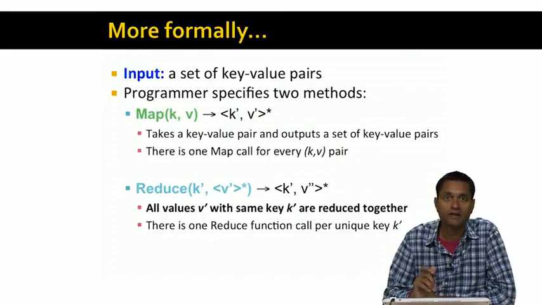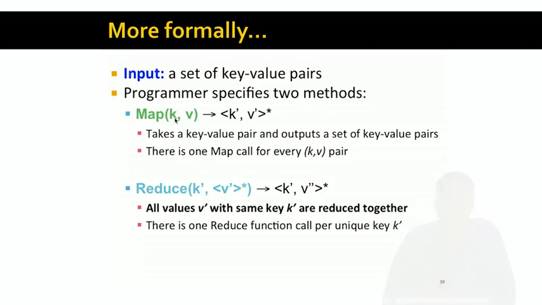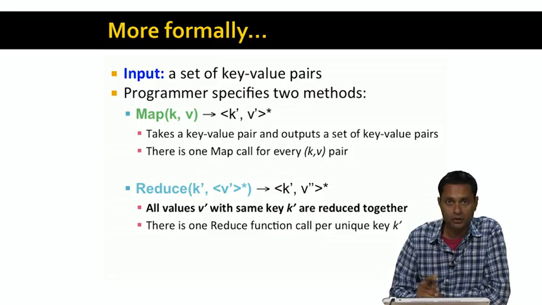So more formally, the input to MapReduce is a set of key value pairs, and the programmer has to specify 2 methods. The first method is a map method, and the map method takes an input key value pair and produces a set of intermediate key value pairs, 0 or more intermediate key value pairs, and there is one map call for every input key value pair. The reduce function takes an intermediate key value group.